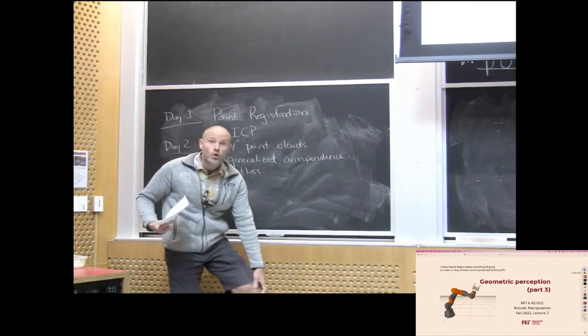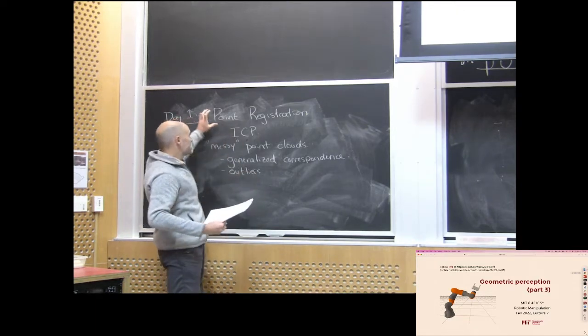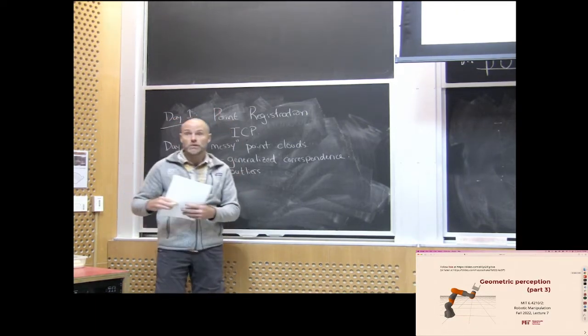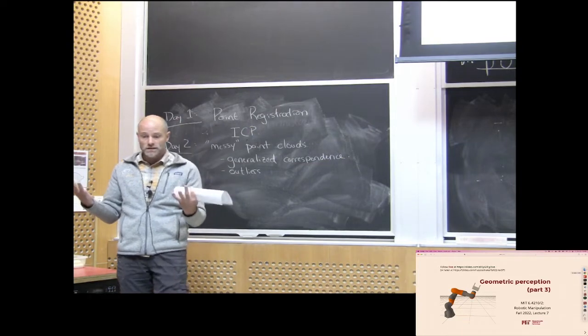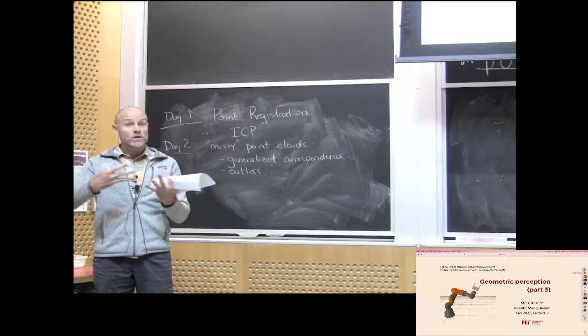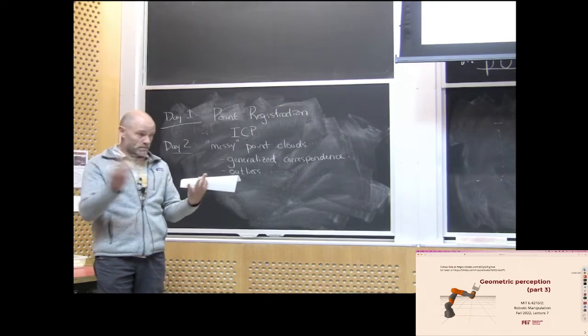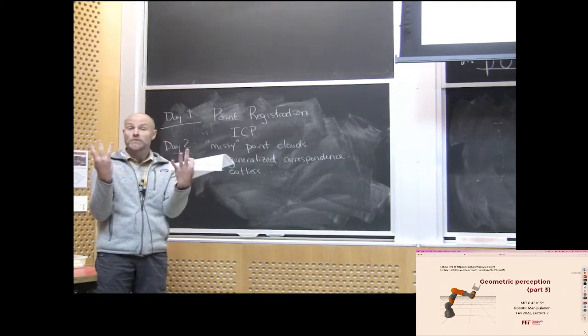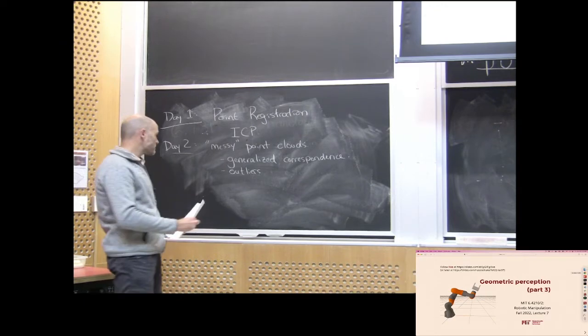We generally toyed around with generalizations of this point set registration problem. We've got two point clouds, we have to guess the correspondences or somehow be told the correspondences, but we're going to roughly try to register these two point clouds together.